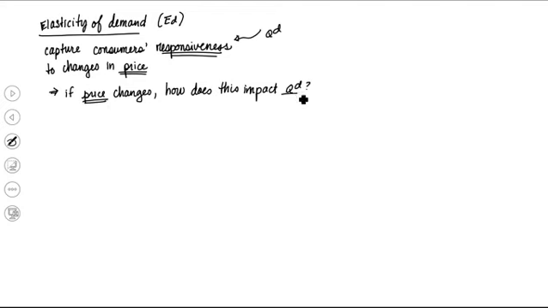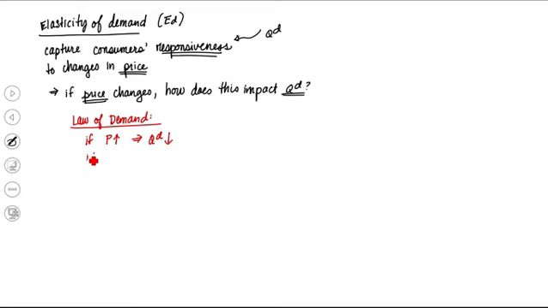So we have an X and we have a Y. Now, hopefully you're thinking, well, we have this thing called the law of demand. So let's remember the law of demand. The law of demand says, if price goes up, then what? Quantity demanded goes which way? Goes down.